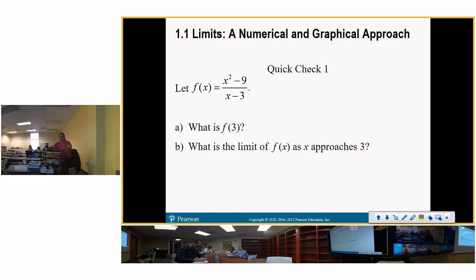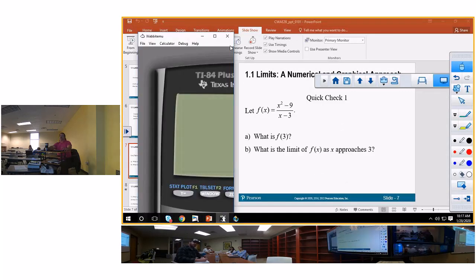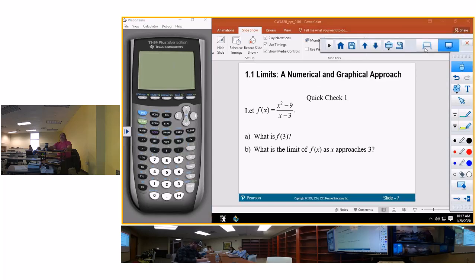I'm going to pull up my graphing calculator, and I'm going to graph x squared minus 9 divided by x minus 3.